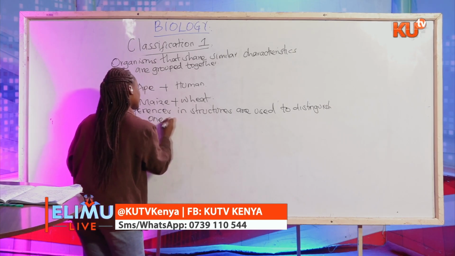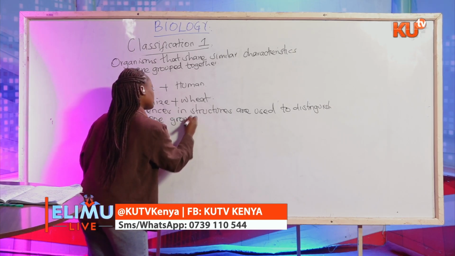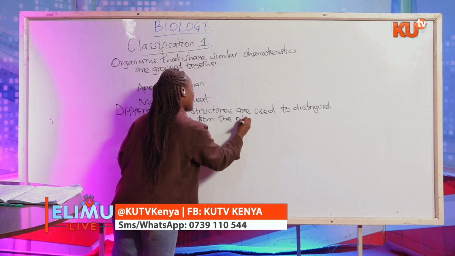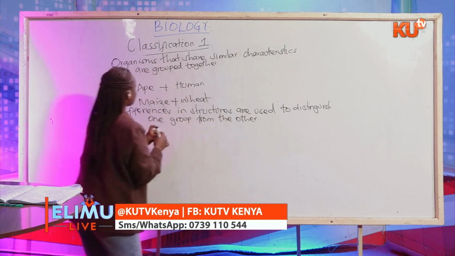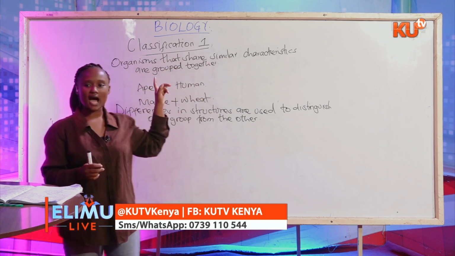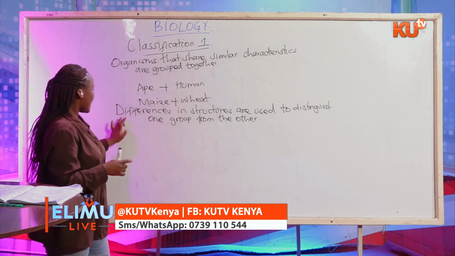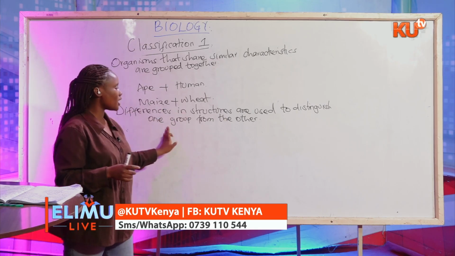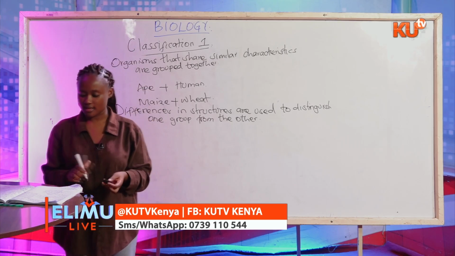The differences in structures are used to distinguish one group from the other. So organisms that share similar characteristics are grouped together, and differences in structures are used to distinguish one group from the other group.